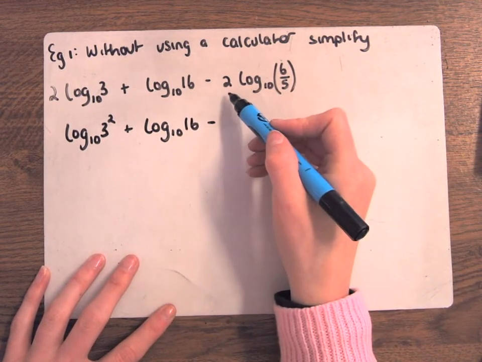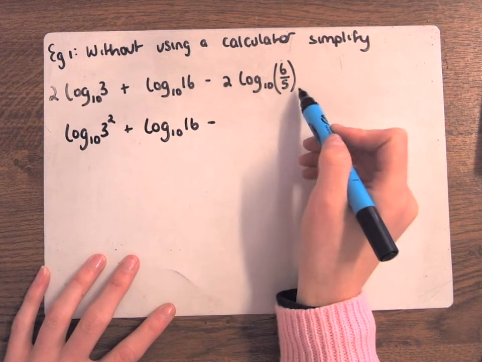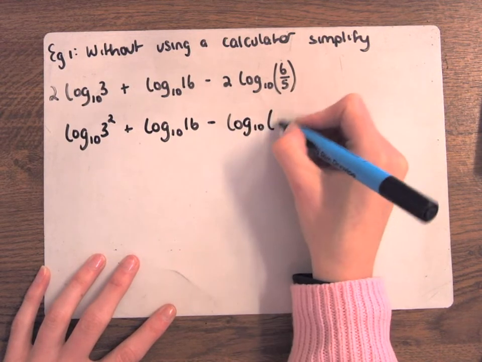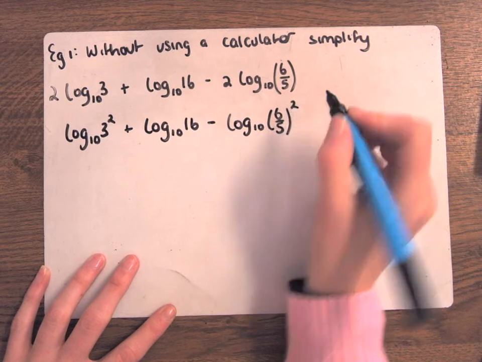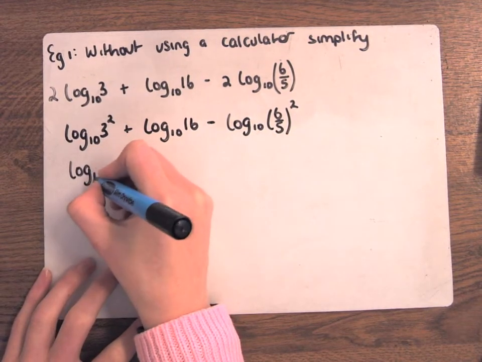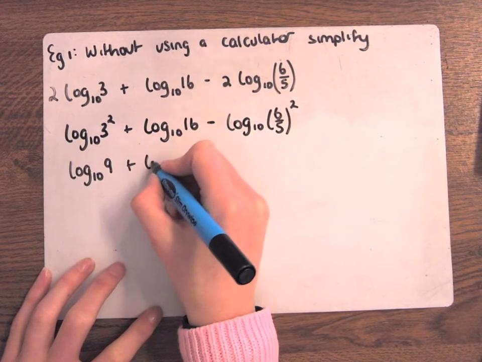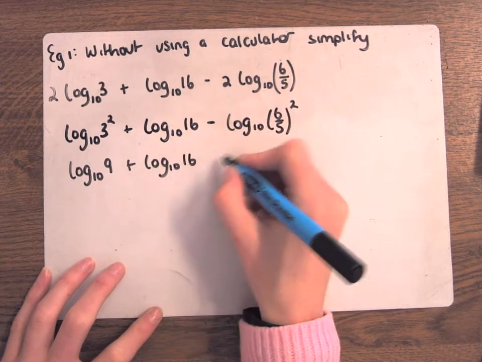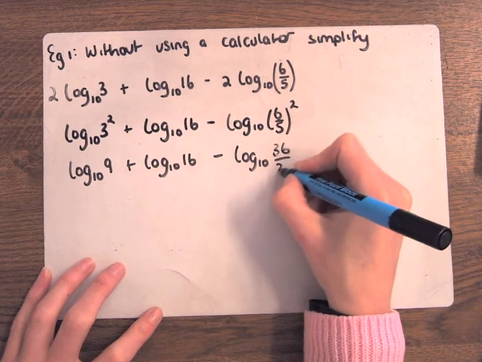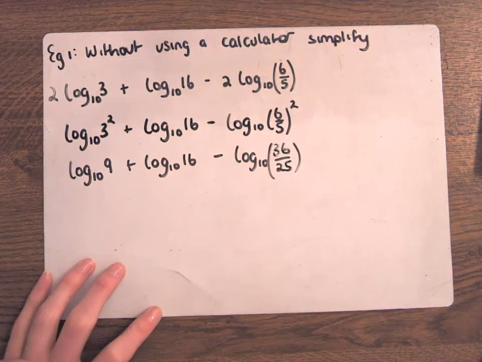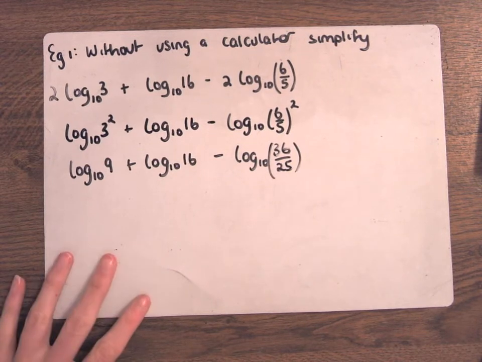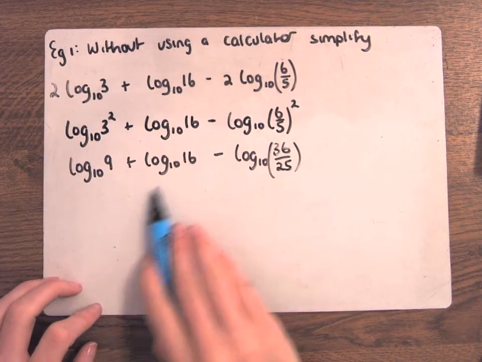Minus, what about this? Same thing, the 6 over 5 to b squared. So, log to the base 10 of 9, log to the base 10 of 16, minus log to the base 10 of 36 over 25. Now, everyone alright with that? I'm adding 2 logs and the bases are the same.